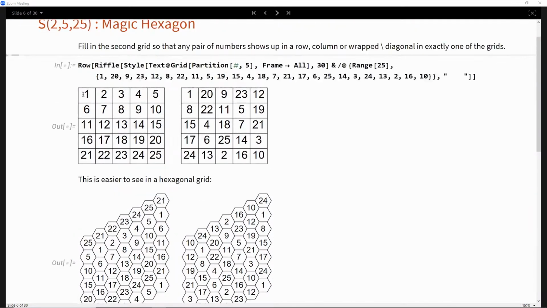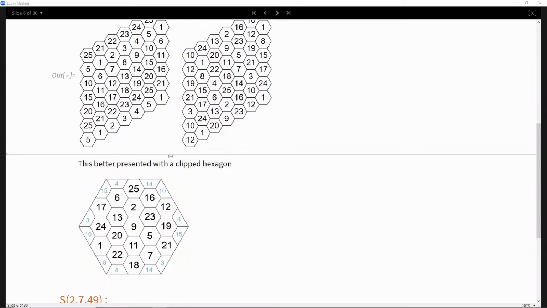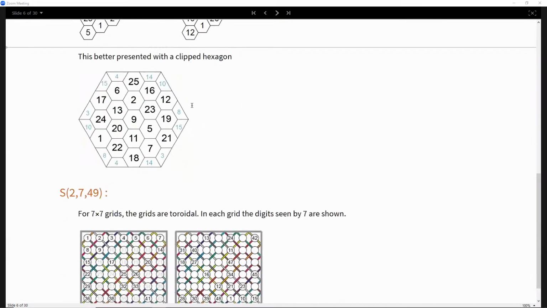When you force one of these squares to be in order like this, the pairing square happens to be a magic square. And it's sometimes easier to show these with a clipped hexagon, such as this. Somewhere I've got the graphic that corresponds with the first square. This one corresponds to this square here. So I need to redo this graphic to show the in order sequence.